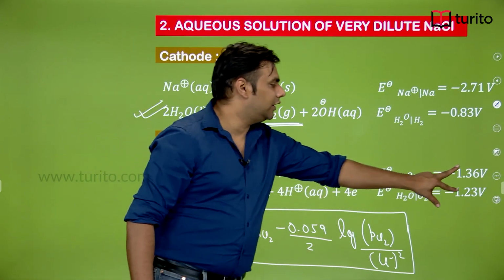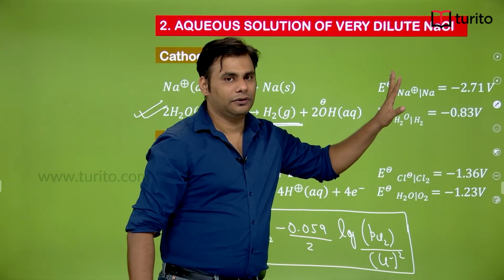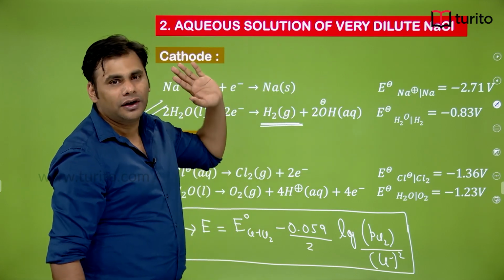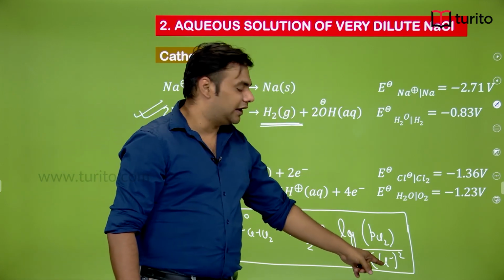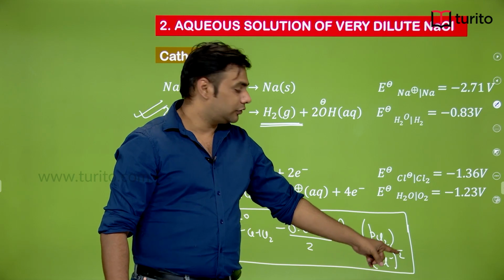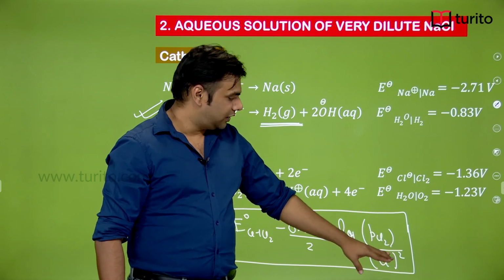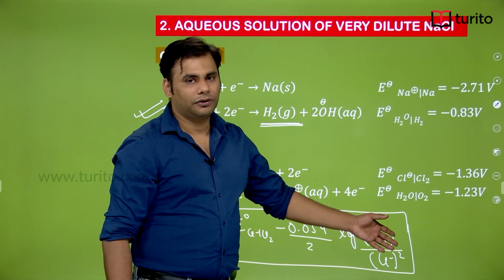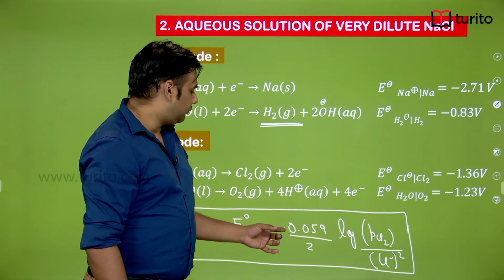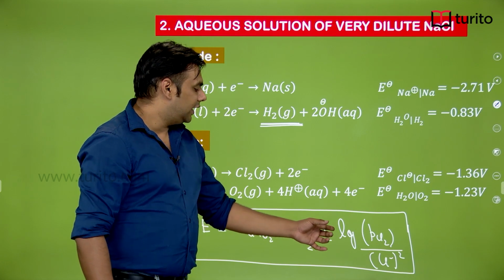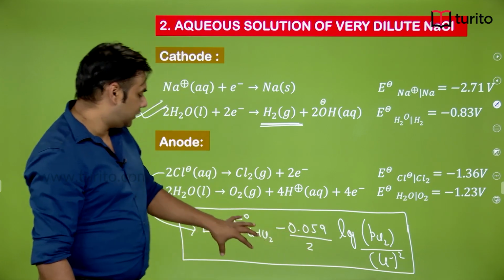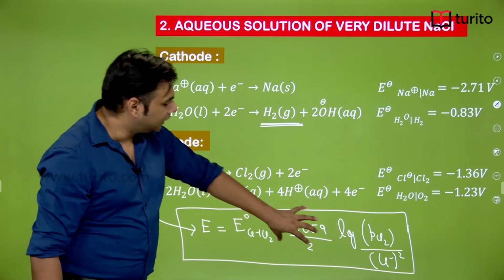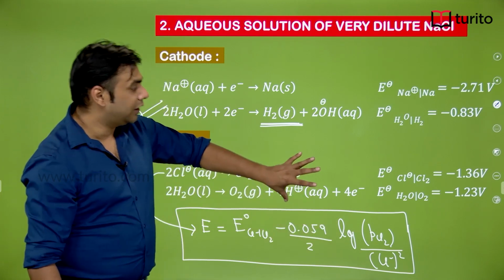So the difference between the two would increase drastically. Suppose you have taken a 10 raised to the minus 5 molar solution, so this will be 10 raised to the minus 5 raised to the power 2. So that would be 10 raised to the minus 10. Now when this goes above, this would become 10 raised to the power plus 10. Now when you take this outside, this would be 0.059 into 10 divided by 2. Obviously this is minus 1.36, so another negative term would come, so this would become more negative.